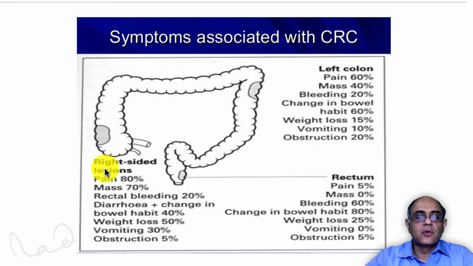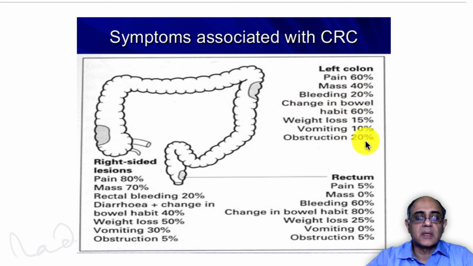So right-sided tumors in the cecum and ascending colon, 70% of these patients will come as abdominal mass. Other symptoms will be there, but mostly mass, anemia, weight loss, painful areas, because these tumors get time to get bigger, get time to spread. The left-sided tumors have less chance of mass, bleeding will be more, change in bowel habits will be more, 60%.